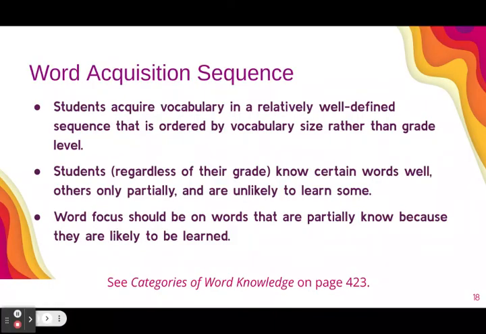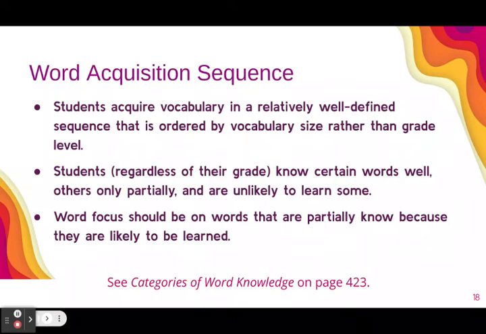Word acquisition sequence. So thinking, okay, well, when do children learn what vocabulary? So students acquire vocabulary in a relatively well-defined sequence that is ordered by vocabulary size rather than grade level. So thinking that their vocabulary is continuously growing in size rather than a grade level sequence of like, okay, this student will know all of these words and this student will, whatever grade you're in.